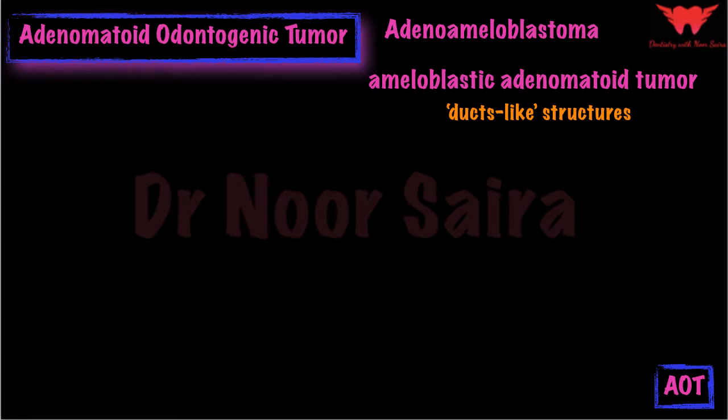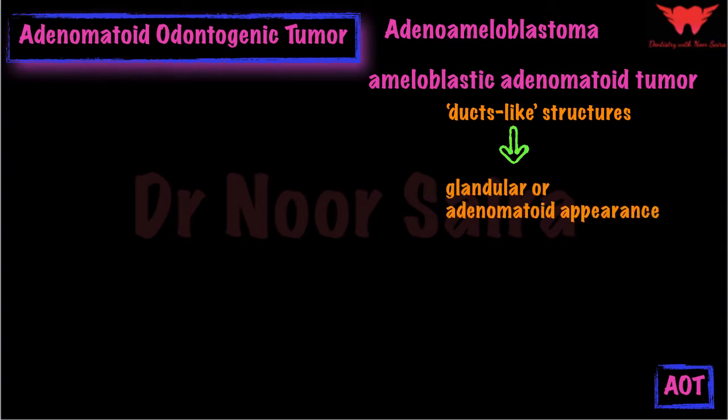The name adenomatoid has been given to the neoplasm because histologically numerous duct-like structures are often interspersed throughout the lesion, which gives a glandular or adenomatoid appearance to it.